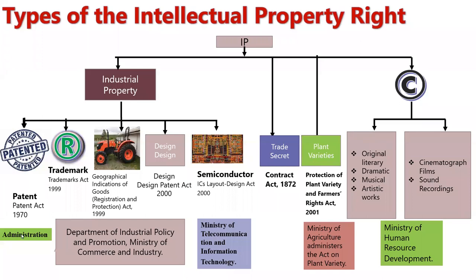So who is going to take care of all these things? Who is the administration? Industrial property such as patent, trademark, geographical indications of goods, and design are taken care of by the Department of Industrial Policy and Promotion, Ministry of Commerce and Industry. So this is the department that is taking care. Semiconductor IC layout design was introduced in 2000, and it is taken care of by the Ministry of Telecommunication and Information Technology.